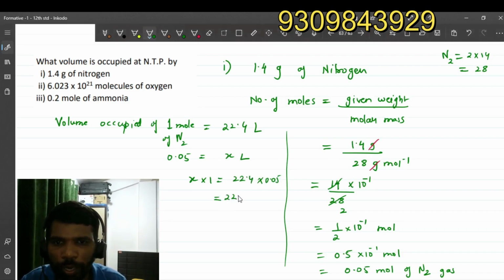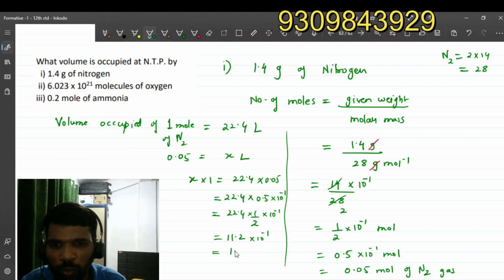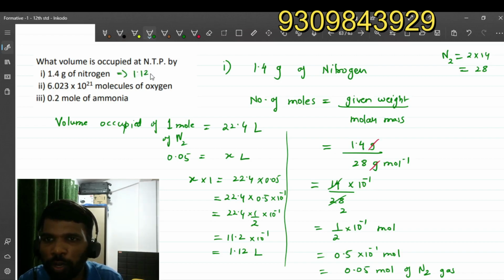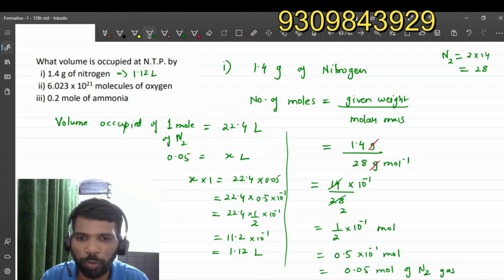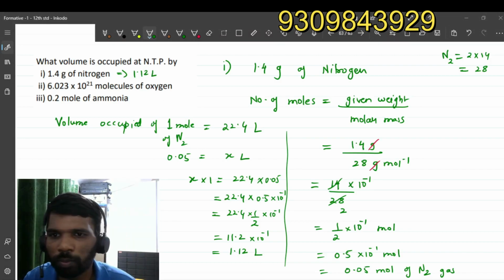I can write this as 22.4 into 0.5 into 10 raised to minus 1. Just telling the trick how to solve this: 0.5 is 1 by 2, no? 10 raised to minus 1. 1 by 2 of 22.4 is 11.2, into 10 raised to minus 1. So this is 1.12 liter. So 1.4 gram of gas will occupy 1.12 liter volume.